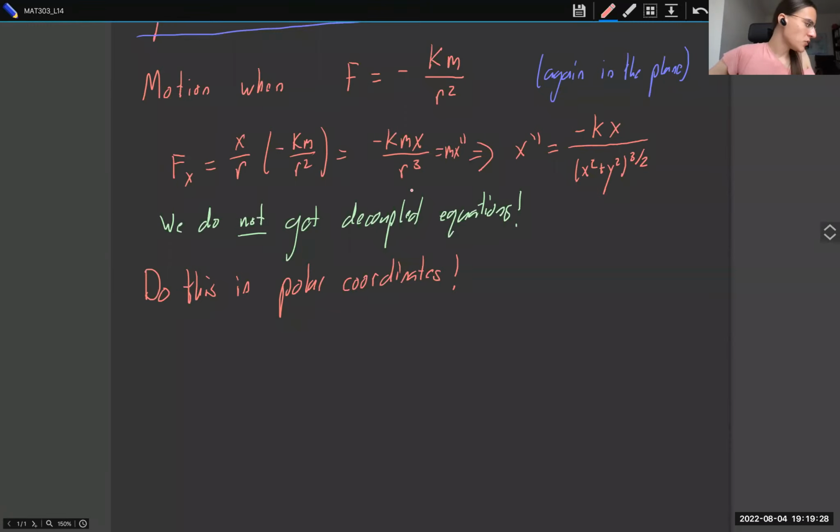So what we're going to do is we have F is MA. Let's say the radial component of force is equal to mass times the radial component of acceleration. And what is the radial component of acceleration? I'll save you from looking it up. I'm just going to write the equations. F_r equals m times (r prime prime minus r theta prime squared).